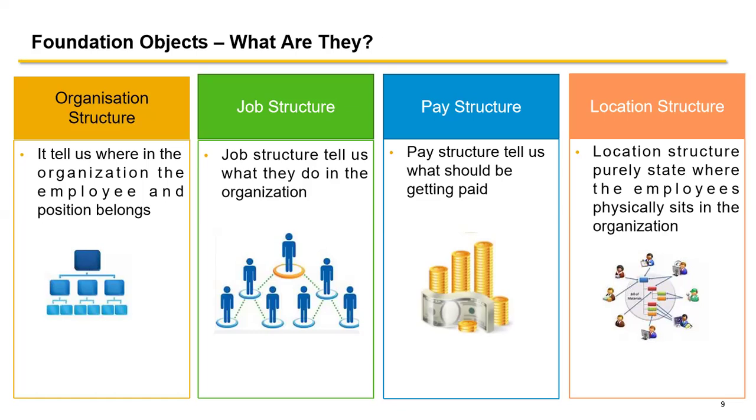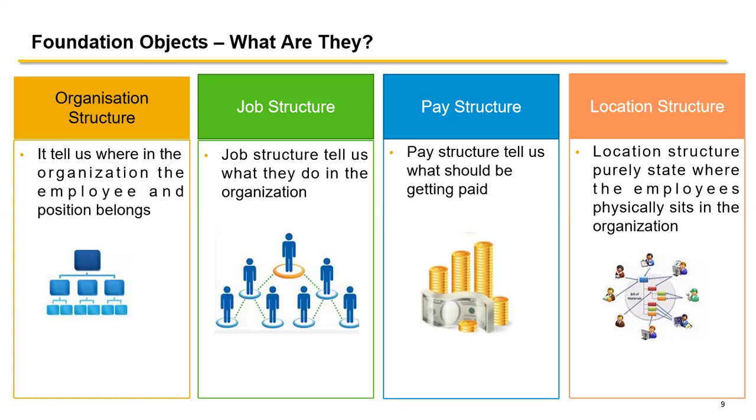Location structure is basically: a person sits in Delhi, and he is working on something in Bangalore. So we need to describe your reporting location, your base location where you were hired in the company.